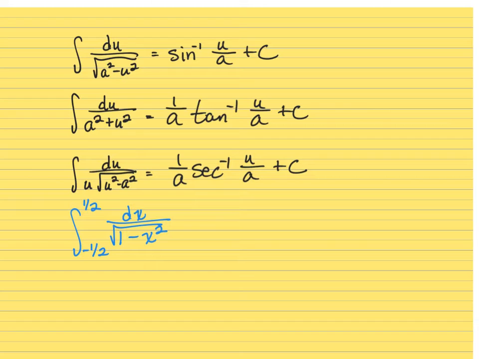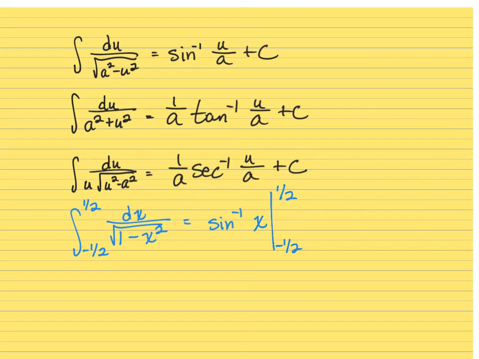All right. So this fits that very first pattern, and so we say, okay, well, we know what the antiderivative of this is going to be. It's going to be the inverse sine of x over a. In this case, a is 1, right? So x over a, so just x. And then, of course, since we have limits, we evaluate the limits.